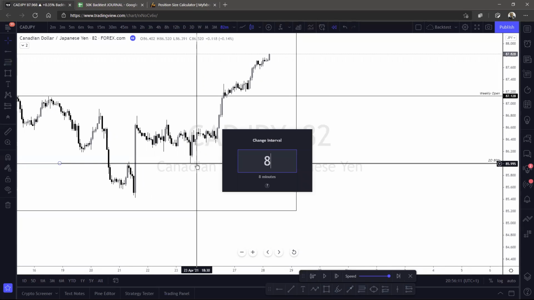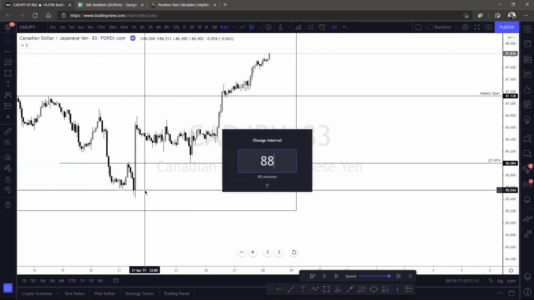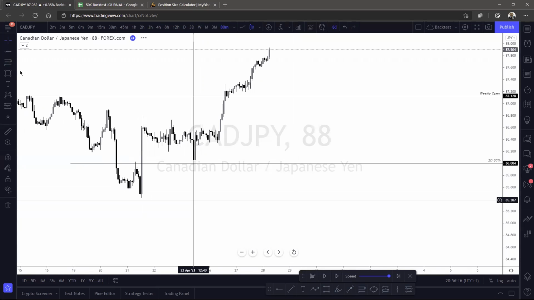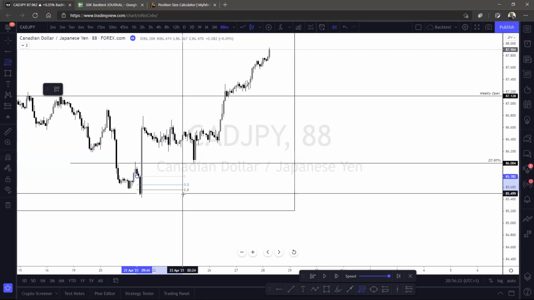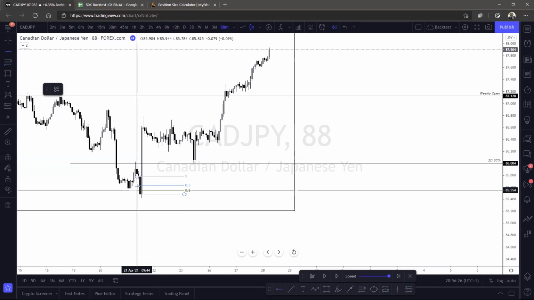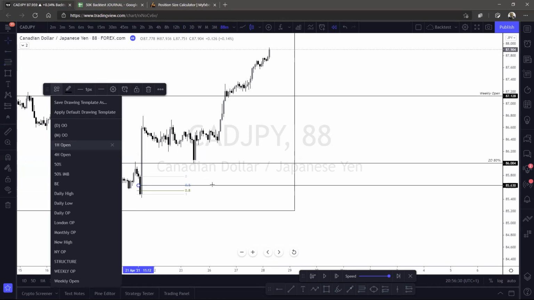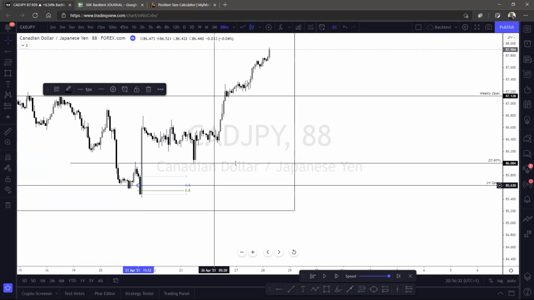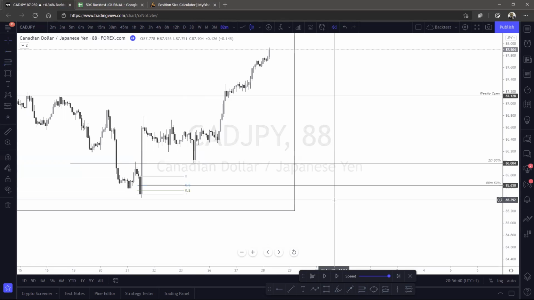Oh, so 88 and 83. 82. Right, let's have a look at the confluence between those two. The 88 minute 50%, and then we said 82.